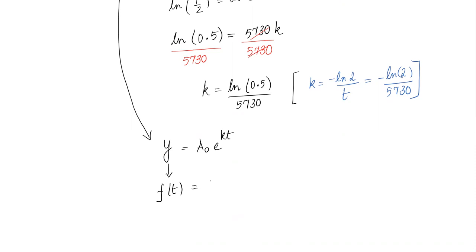So f of t is a naught e power, k was just found to be ln 0.5 divided by 5730 t. We still don't know what a naught is, but this is an exponential decay function, decaying continuously, right? Because of the e, it's a continuous decay.